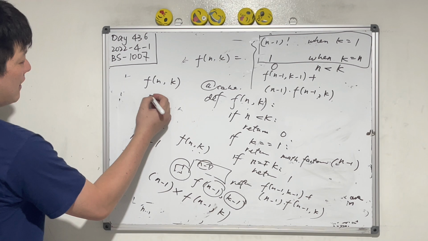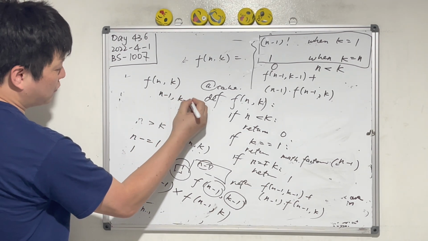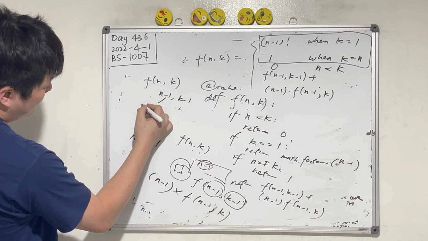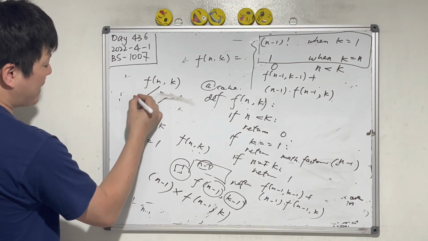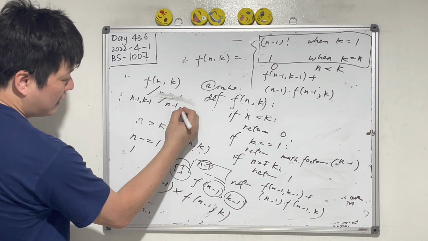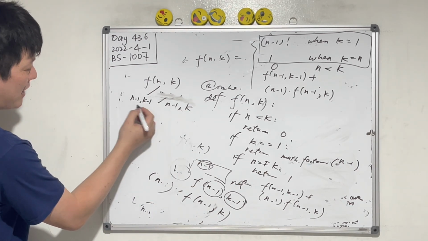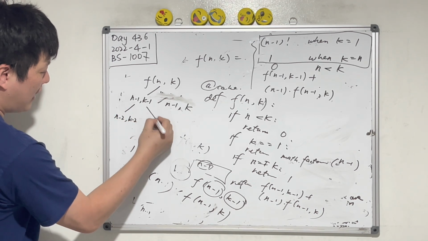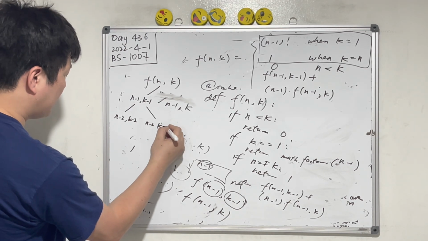Let's try. f(n, k) will be based on f(n minus 1, k minus 1) and f(n minus 1, k), right? Then f(n minus 1, k minus 1) will be based on f(n minus 2, k minus 2) and f(n minus 2, k minus 1).